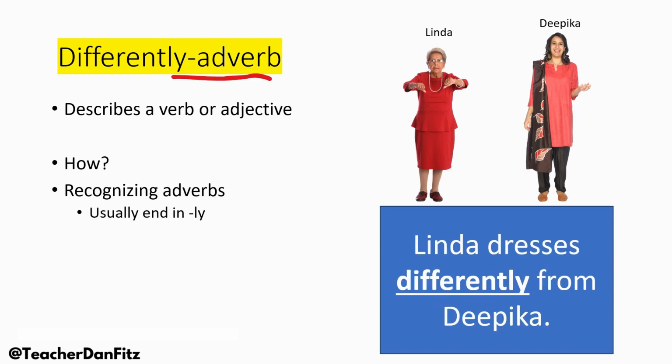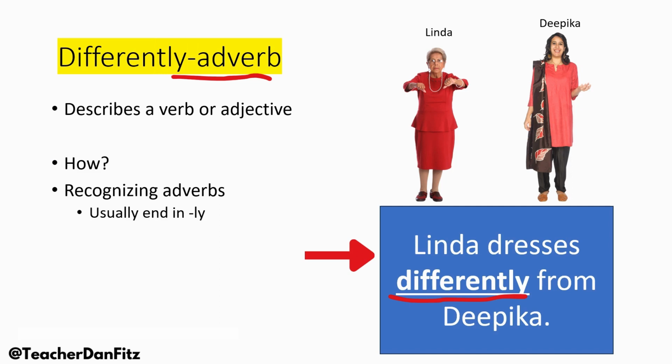Now let's look at adverbs. What do adverbs do? They describe a verb or an adjective in the sentence. Usually for adverbs, especially the ones we're looking at, it's going to answer the question of how someone does this verb. For example, in my sentence, Linda dresses differently from Deepika.